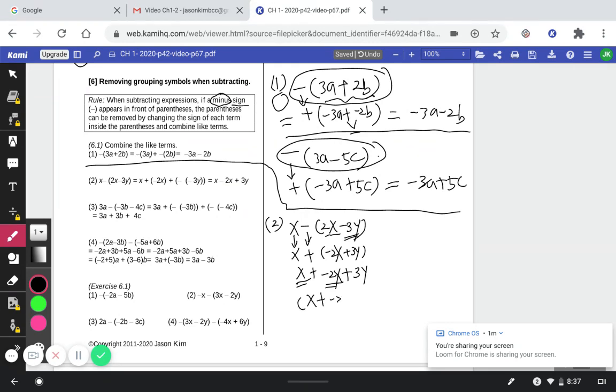Before that, I'm going to regroup it with the like terms. x plus negative 2x is different signs, so it ends up with negative 1x plus 3y, which is the same as negative x plus 3y. So in here, I forgot to combine these two. Okay.